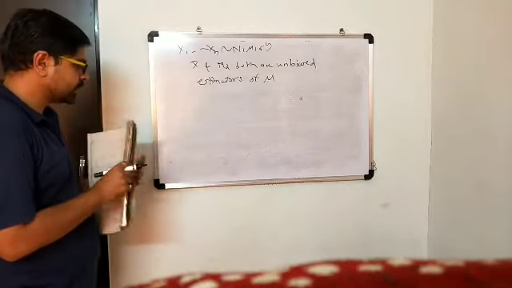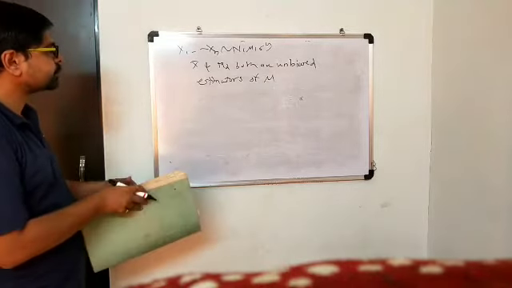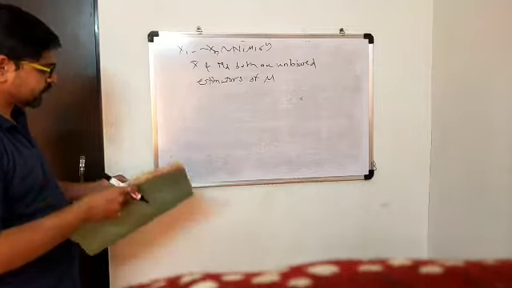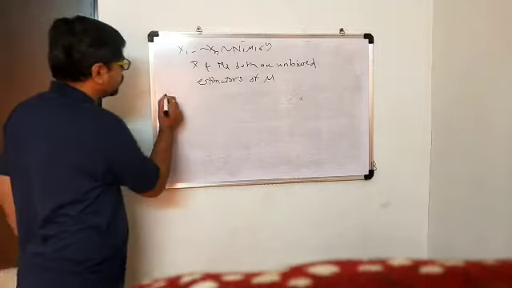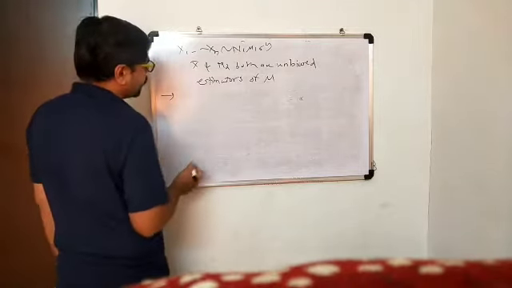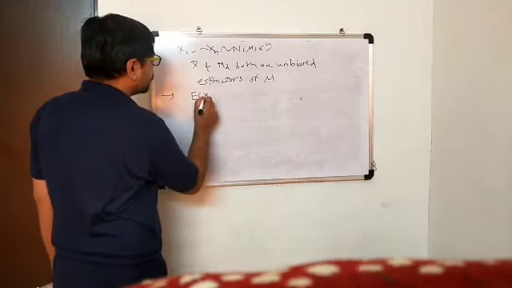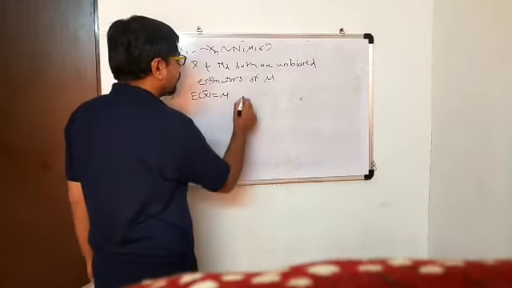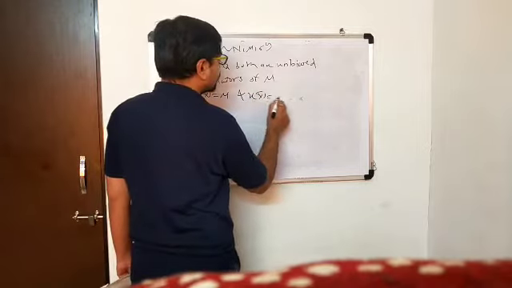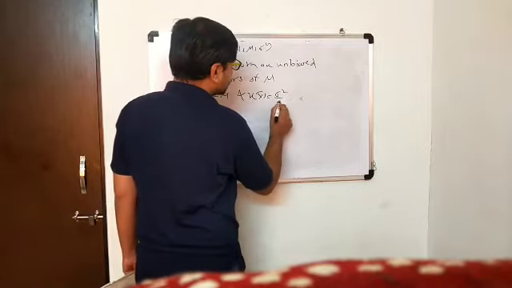So now we will see. As we know that the sample mean is an unbiased estimator of the population mean, so expected value of x bar is equal to mu, and variance of x bar is equal to sigma square upon n.